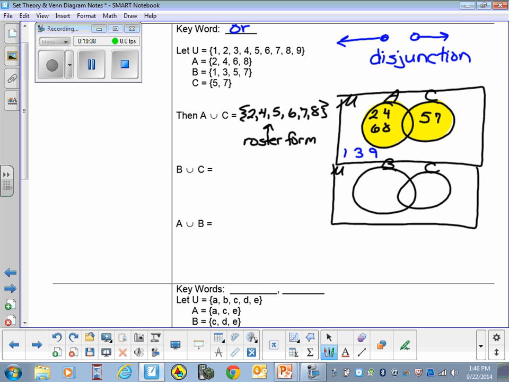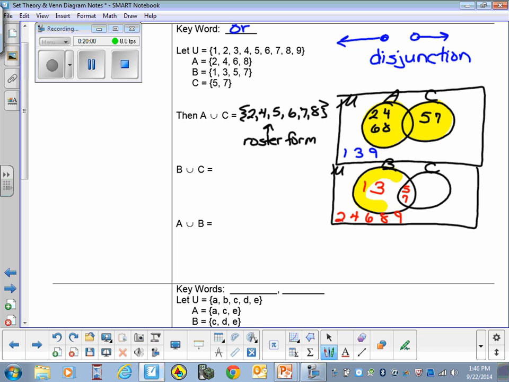Yes, 5 and 7. So that has to go here where B and C overlap. B also contains the elements 1 and 3. And then I have to account for the rest of my universe. So 1, 2, 3, 4, 5, 6, 7, 8, and 9.